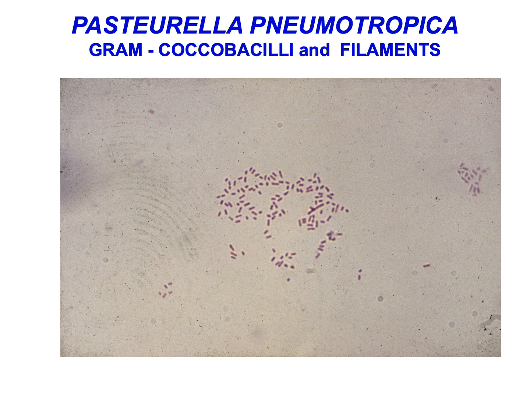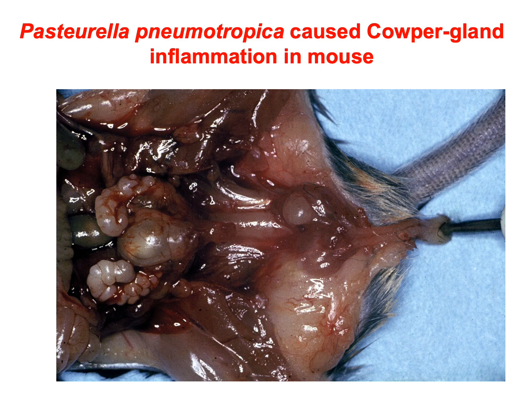But what is interesting for laboratory animals is that the reproductive organs are highly sensitive: in females, the uterus and the ovaria, and in males, the Cowper gland and the prostate. Here you can see Pasteurella pneumotropica-caused Cowper gland inflammation in the mouse. You can see the urinary bladder, the prostate, and also the Cowper gland in inflammation.